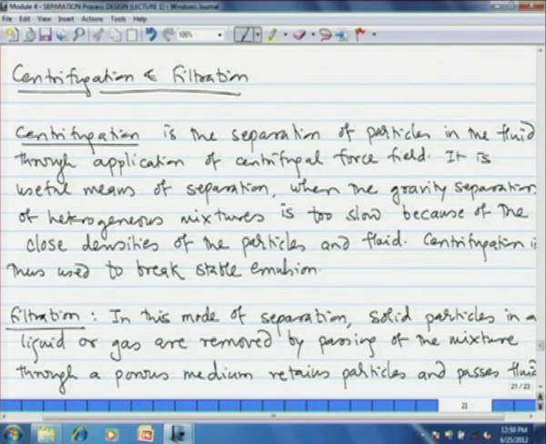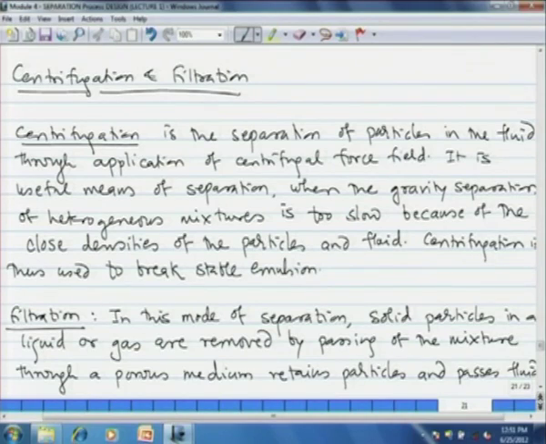The liquid is put in certain vials or containers, and it is rotated at very high RPM, 5000, 6000 RPM, and then the particles get thrown out because of higher density. Okay. This is usually applied when the gravity separation of the heterogeneous mixture is too slow because of the close densities of the particles and the fluid. So, centrifugation is thus used to break stable emulsion.